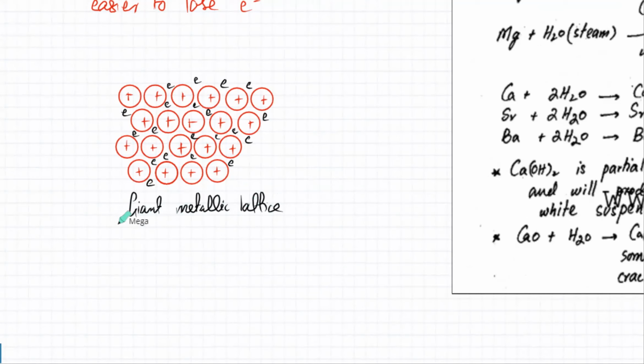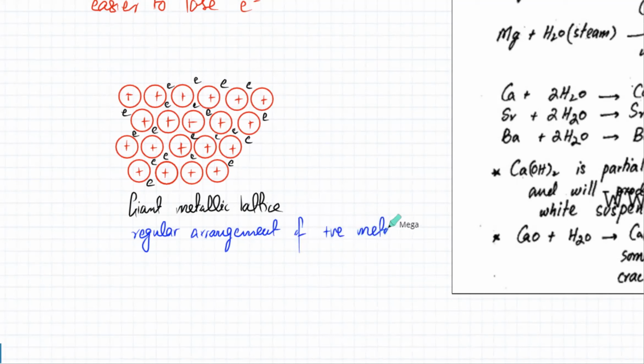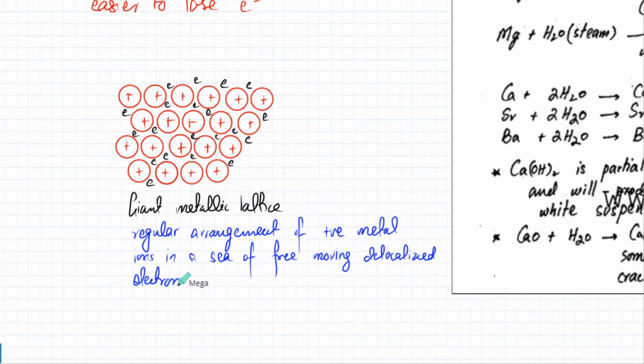So what is a giant metallic lattice? It's a regular arrangement of positive metal ions in a sea of free moving or mobile or delocalized electrons. So that's what giant metallic lattices are.